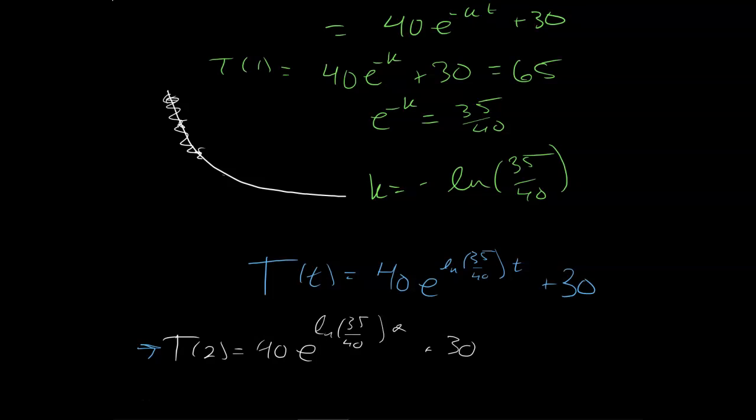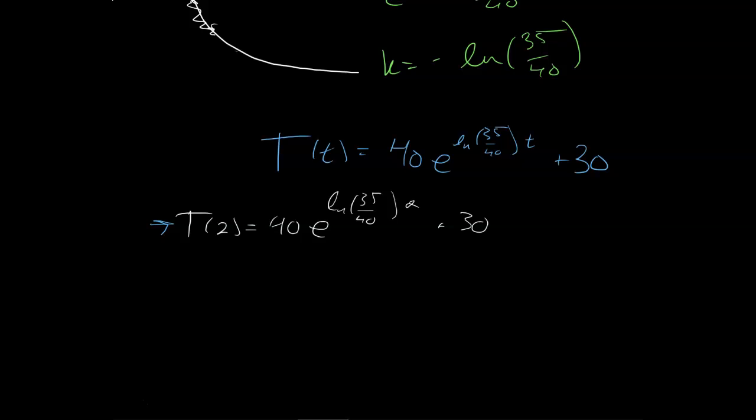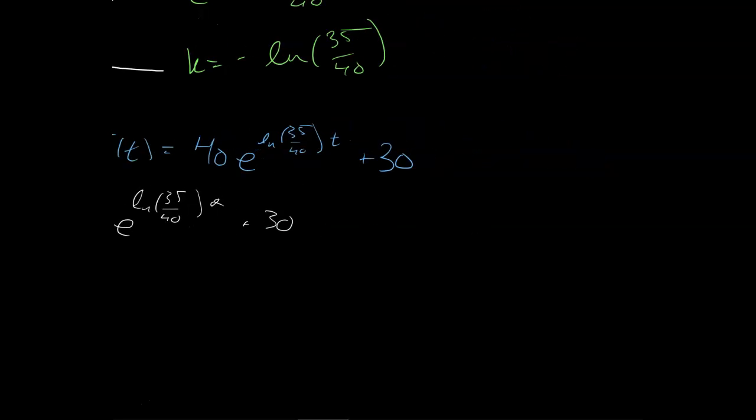I really could have simplified this even further now that I look at it, just because you have the natural log up top. So while we're talking about it, before I plug it into my calculator, this could also have been simplified, if you chose, to 40 times 35 over 40 to the power of t plus 30.